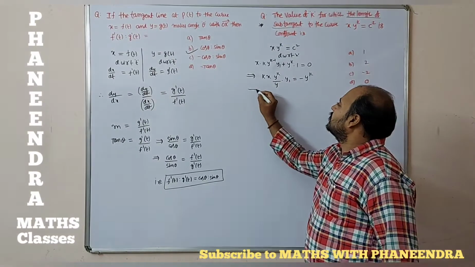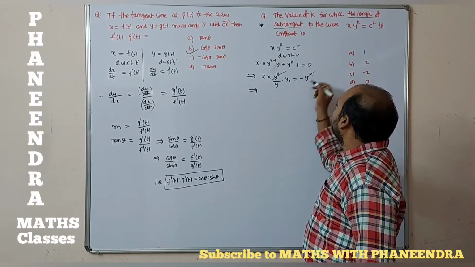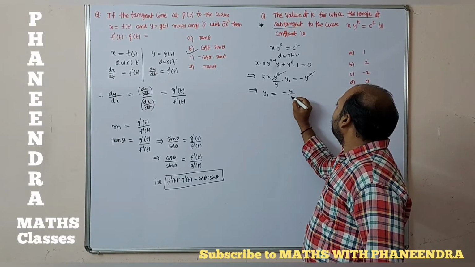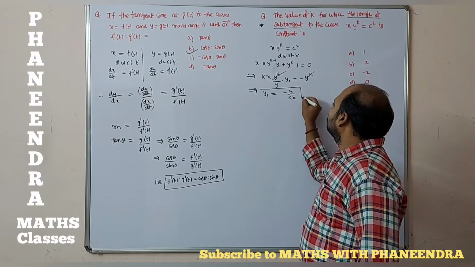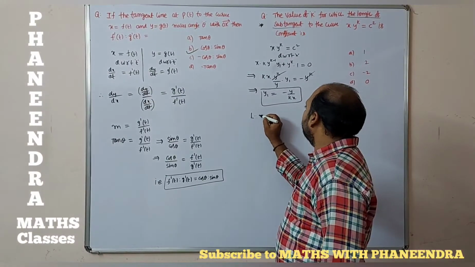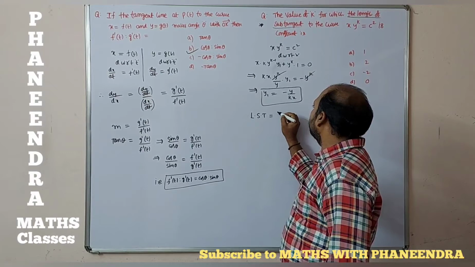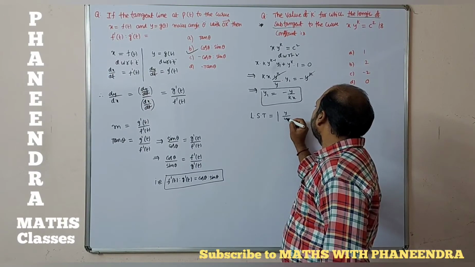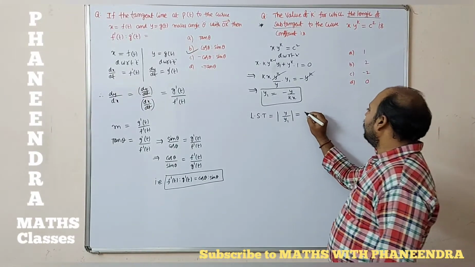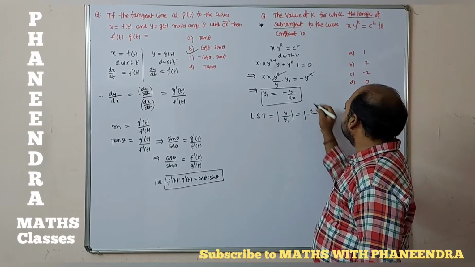Make y1 the subject. Both sides y power k get cancelled. So y1 is equal to minus y by kx. So the length of subtangent LST is mod y by y1. The y by y1 value is what?